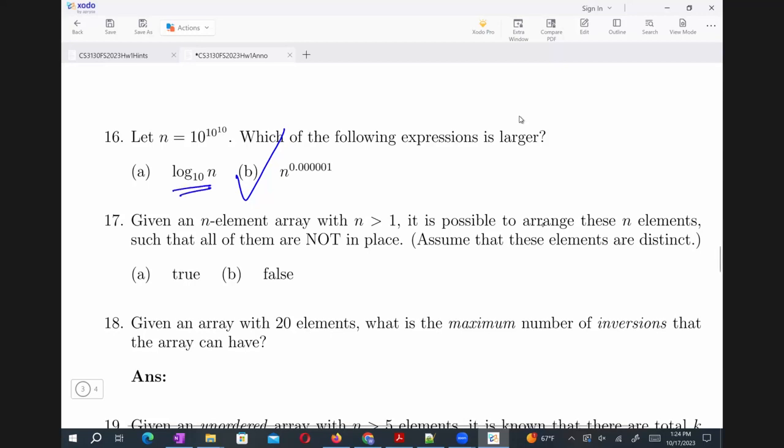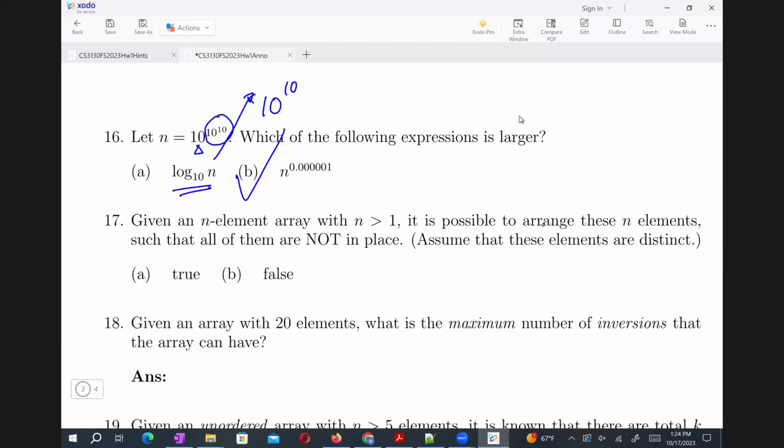The first one is easy because there is log base 10 and an exponent with base 10, so there is some cancellation. So for the first one, you just get 10 to the 10. Because this number you treat as one single number at the exponent.